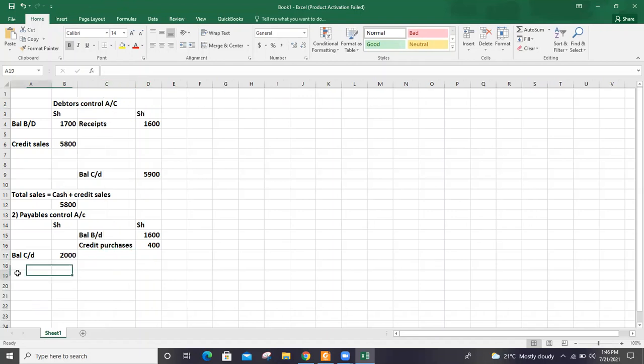So therefore total purchases equals cash plus credit purchases.